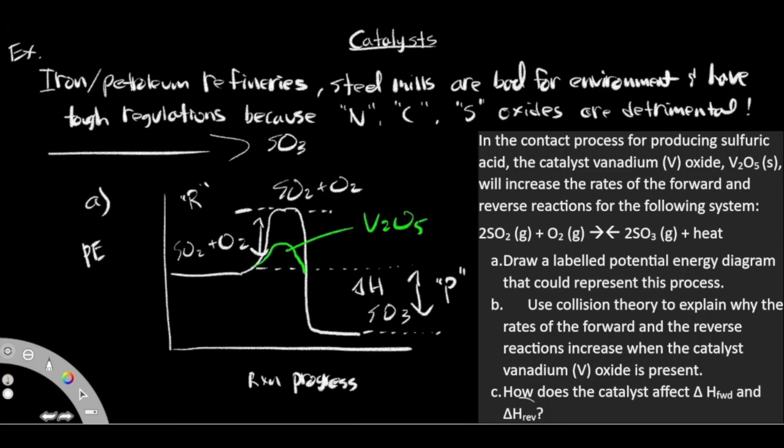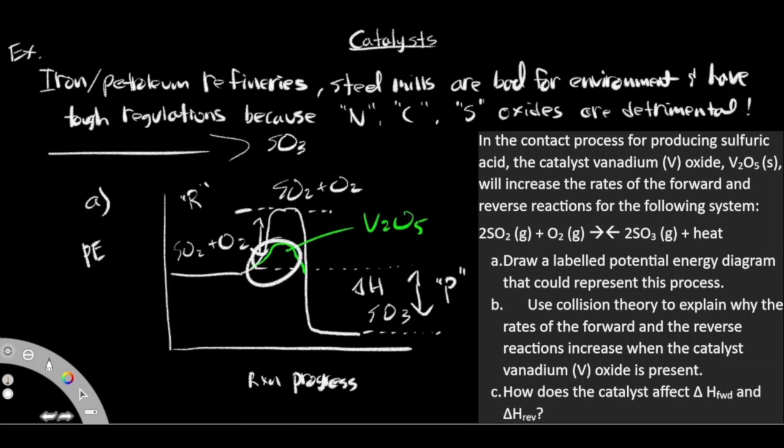Similarly, for the reverse reaction, it's again the same thing with the activated complex, but in relation to the product. So the difference between that is going to be your activation energy of the reverse reaction in relation to the product. Hence why, when we look at the delta H between both of these, we have the delta H between the reactant and between the product. How does this catalyst affect that?